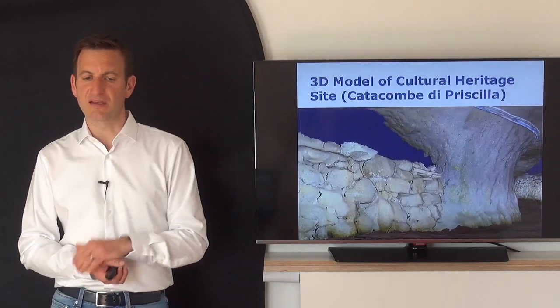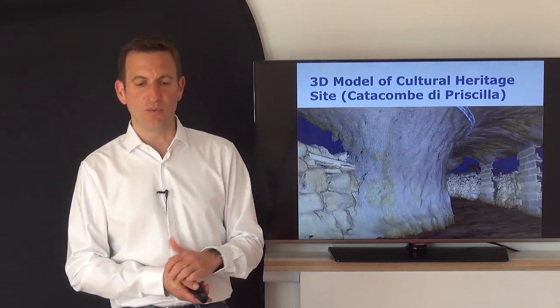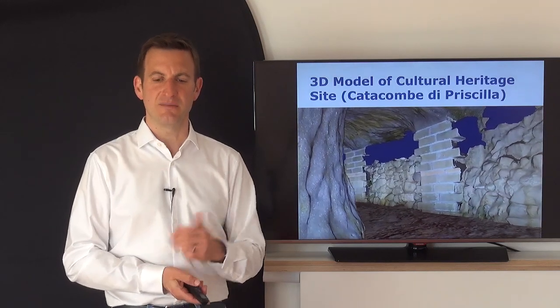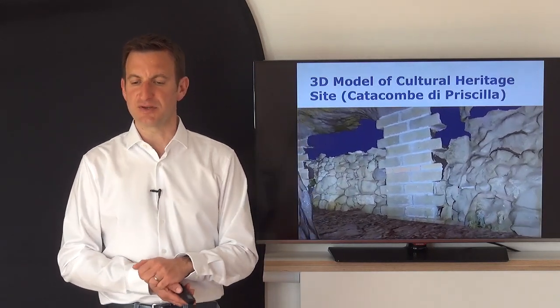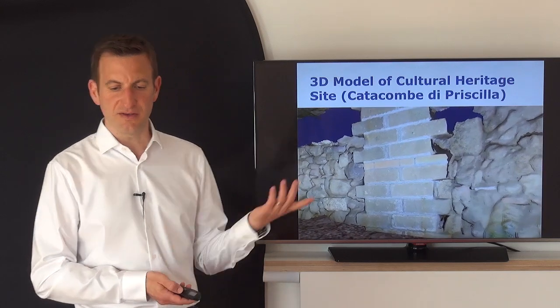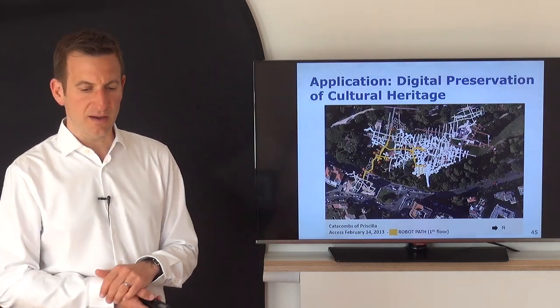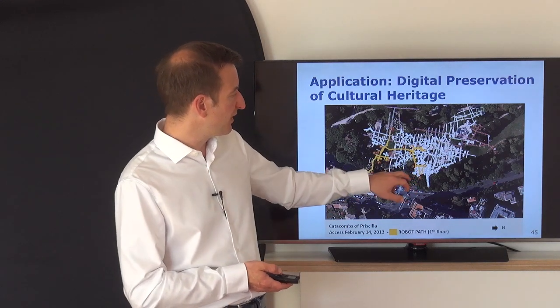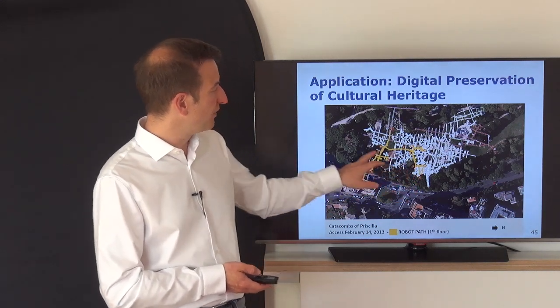And this is one of the examples which you can use for building 3D models of these cultural heritage sites, and then, for example, also plan intervention missions in those catacombs. And this here is, for one example, the Catacombe di Priscilla in Rome, and this is a part of this catacomb which has been mapped over actually several hours.